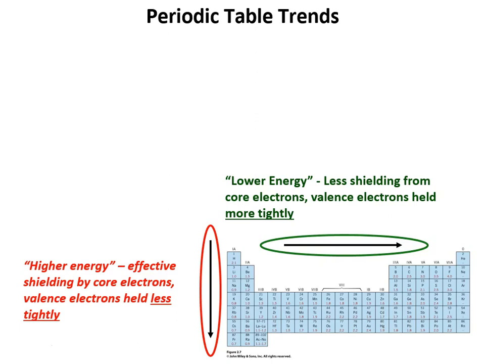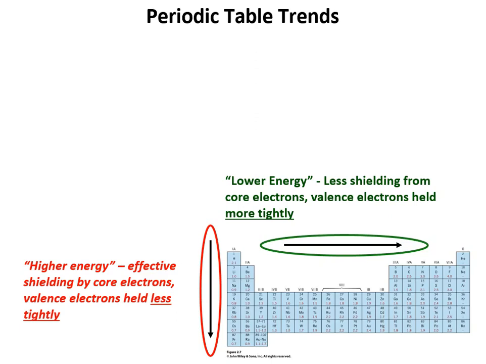So as we move from left to right on the periodic table, our valence electrons are going to act a little bit more like core electrons, and the entire atom becomes less likely to lose an electron. Now, ultimately, when we get way over to the right, those electrons become so tightly bound that that atom can reach its low energy, full noble gas configuration quite easily by taking an electron from something else.